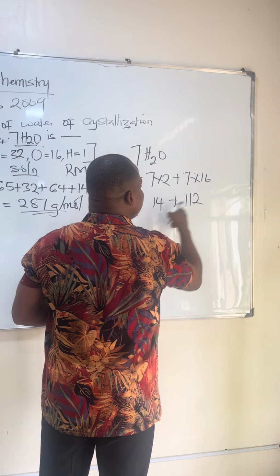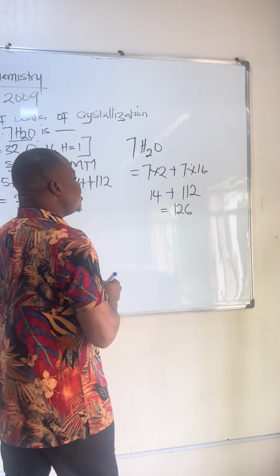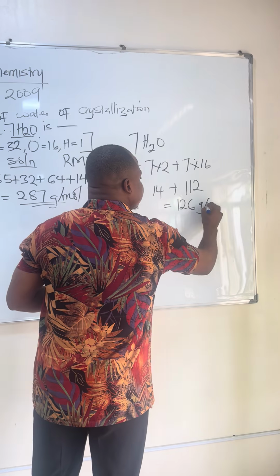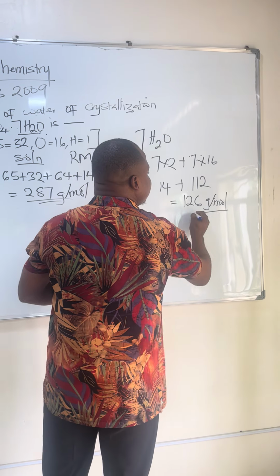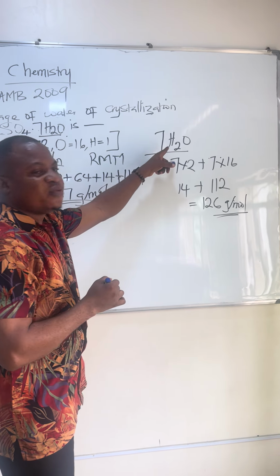So 112 plus 14, we have 126 gram per mole. This 126 is only for the water of crystallization, which is 7 molecules of water here.